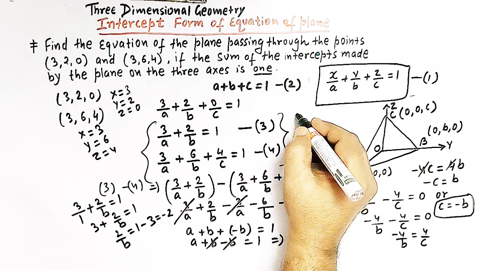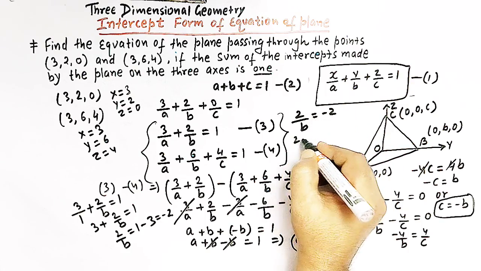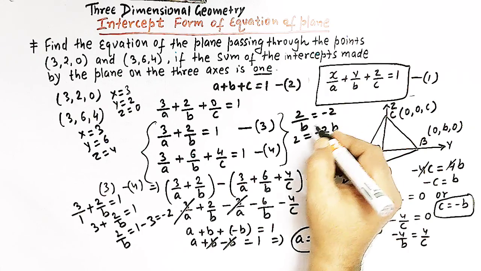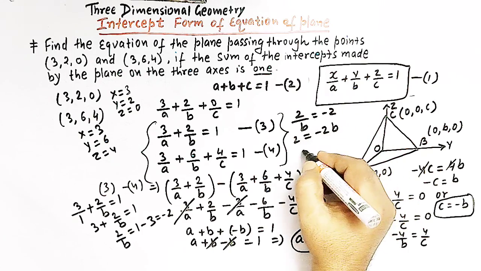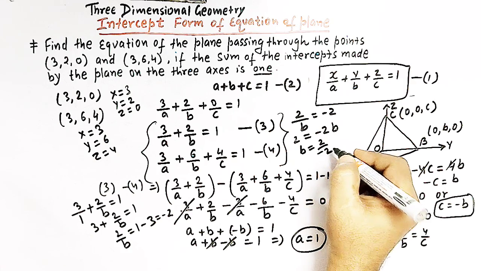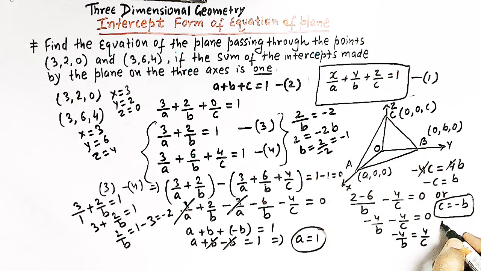So we have 2 over b is equal to minus 2. 2 is equal to minus 2b, multiplying minus 2 with b, and here b is now equal to 2 over minus 2, that is equal to minus 1. So the value of b is equal to minus 1.